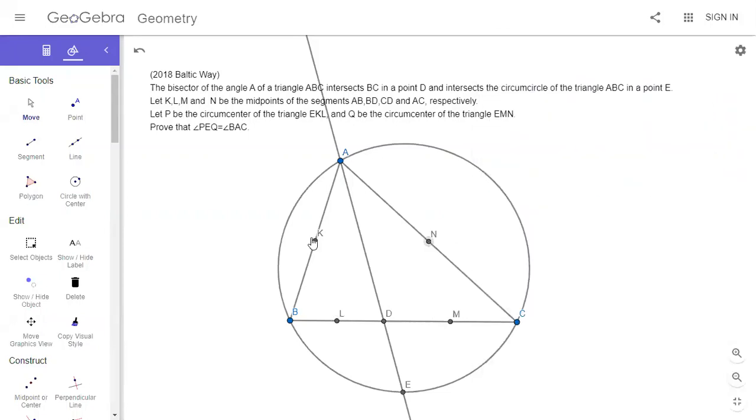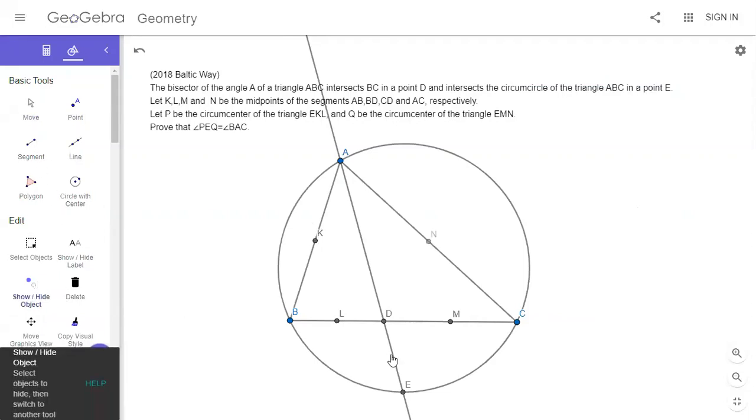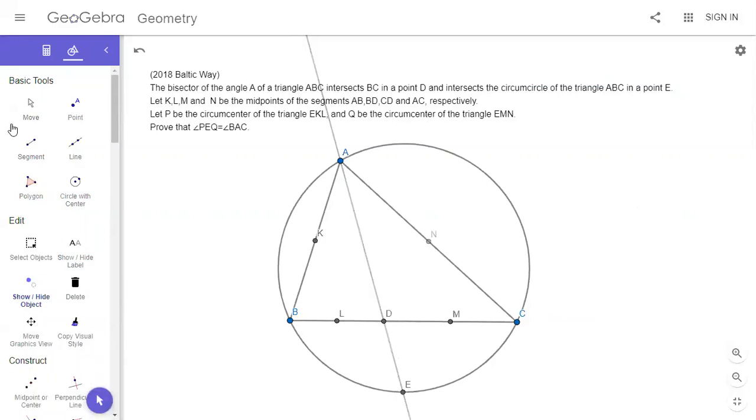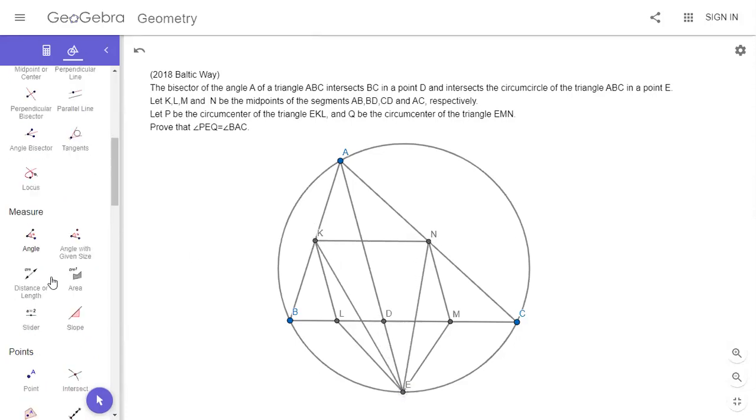So I can see right now, I think KLMN is a parallelogram. So let P be the circumcenter of EKL. This is really random. So KL is equal to MN. And yeah, we have a parallelogram here, but we want to draw the two circumcenters.